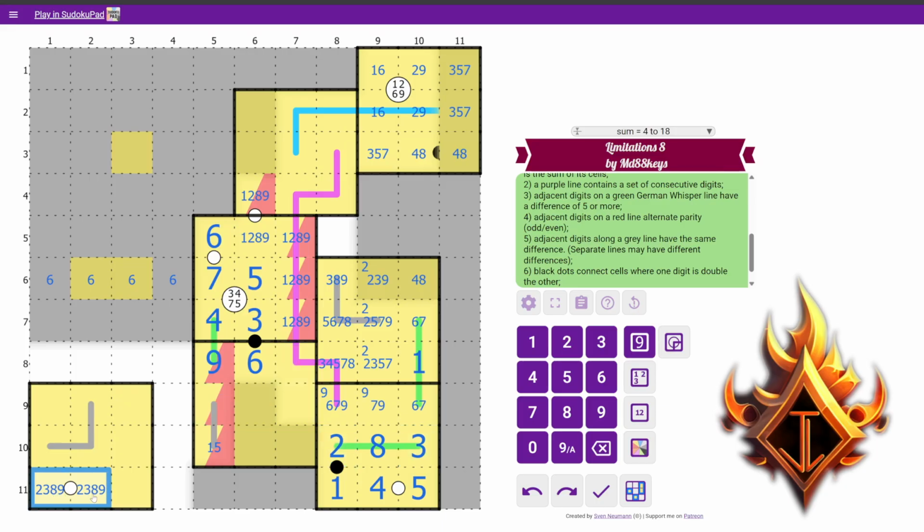If this was 8, 9, 2 or 3 would have to go up here. And then it would have to be there. I say 2 or 3 because one of them can go there. But one of them going there is totally fine. If it's 2, it could be there even.